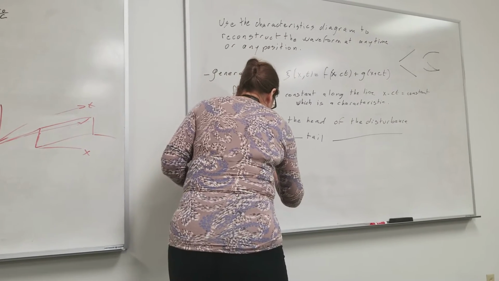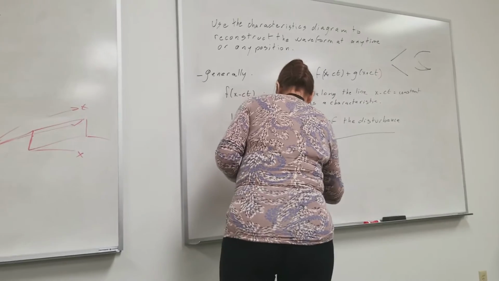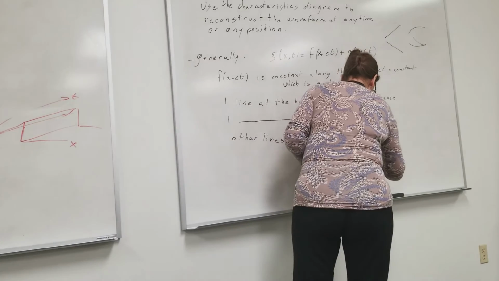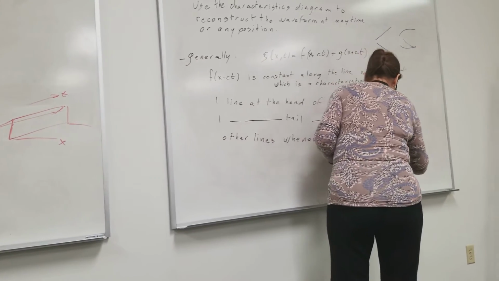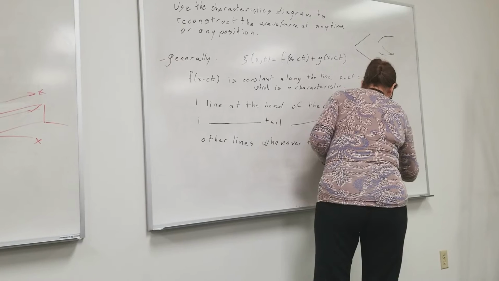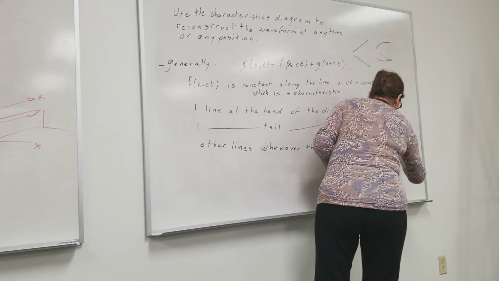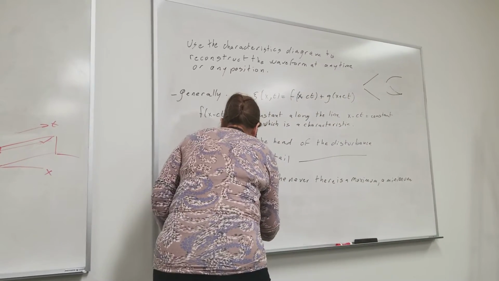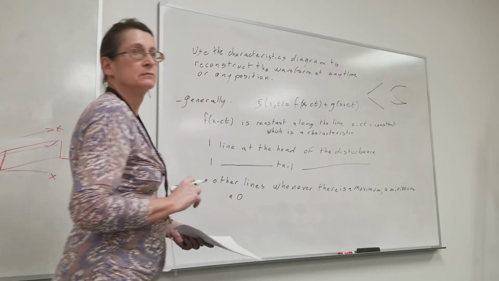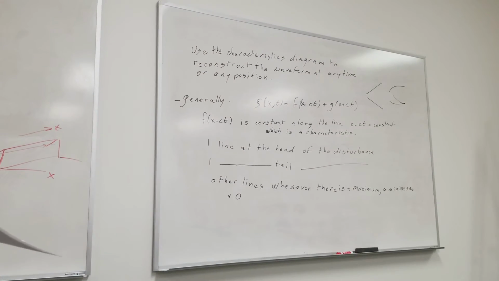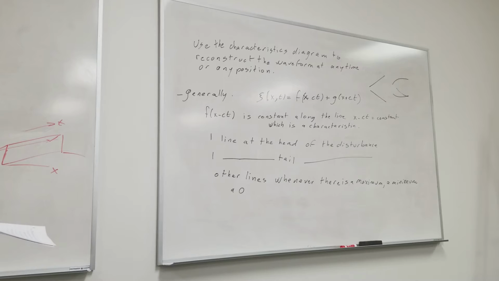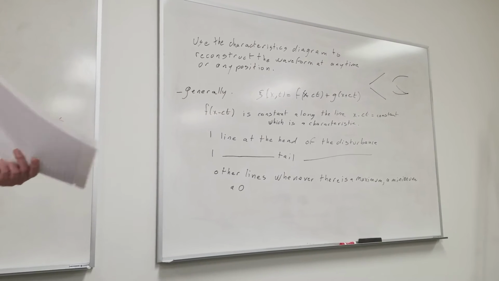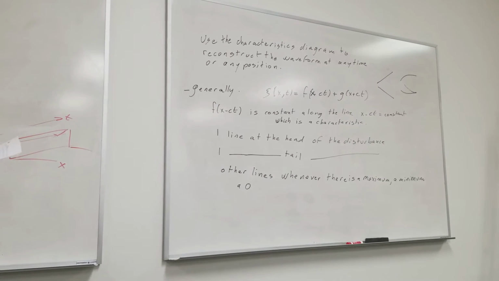And you'll draw other lines whenever there is a maximum, a minimum, a zero crossing, or a jump in amplitude, or a change in amplitude for some reason. Wherever there's something characterizing that wave, you draw a line through that point.